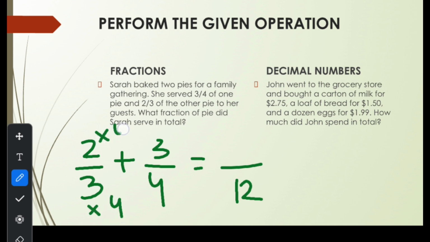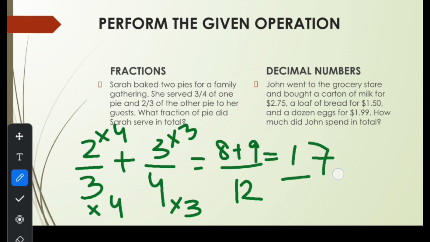Similarly, in 4, we need to multiply it by 3 in order to make it 12. So now the numerators are 8 and 9. You simply need to add them to come to the final answer. So Sarah has used 17 over 12 in total of pie.